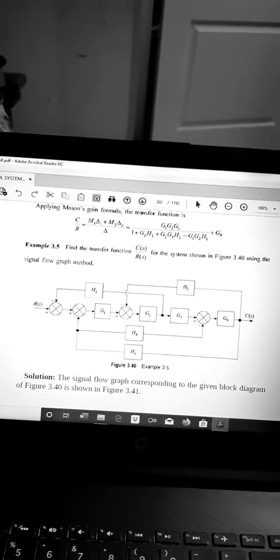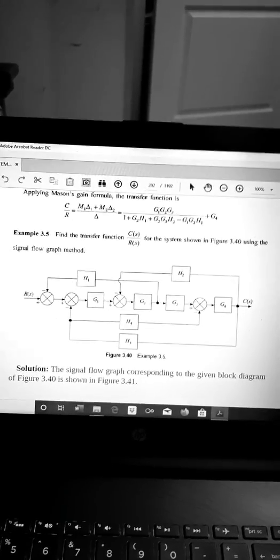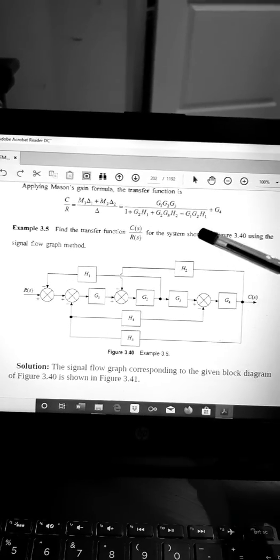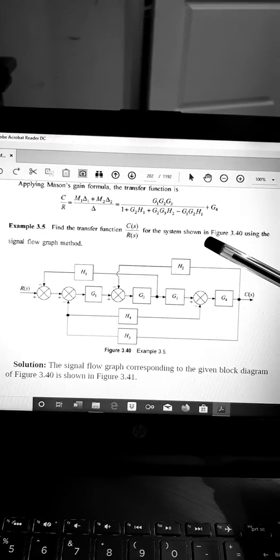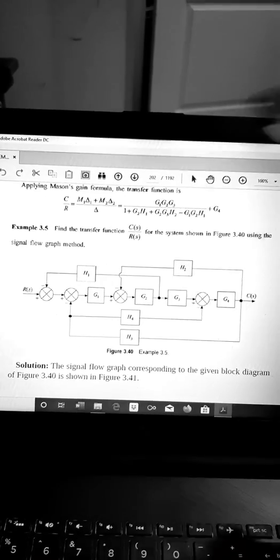Whatever the problem I'm explaining, you study thoroughly this, because whatever we are learning, you have to learn it properly. So that is my request. So here, find the transfer function C(s) by R(s) for the given system shown in figure, using the signal flow graph.